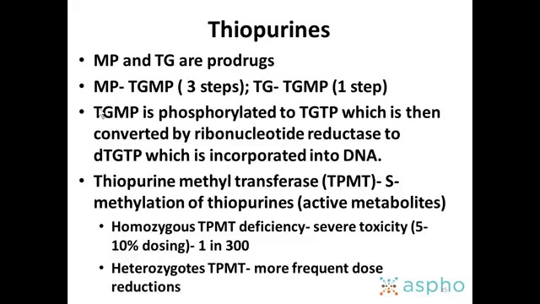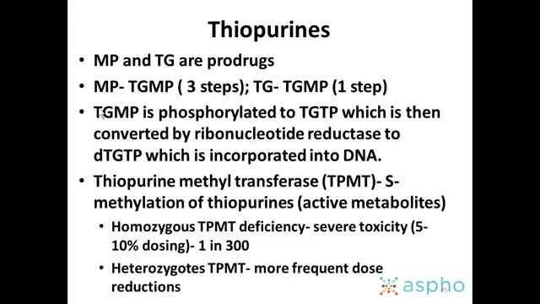It's first converted into thioinosine monophosphate, and then to thioxanthosine monophosphate, and then finally into thioguanosine monophosphate, which then gets phosphorylated into TGTP, which then gets incorporated into DNA and prevents DNA synthesis.